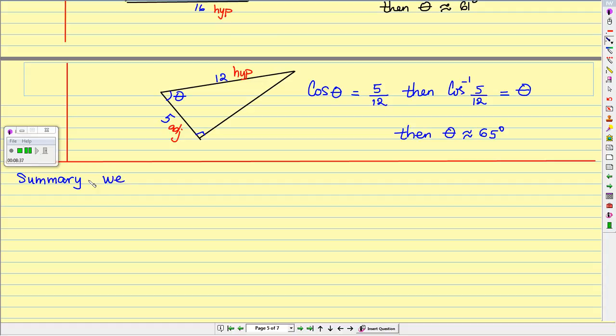In this video, we learned how to use inverse trigonometric functions to find a missing angle.